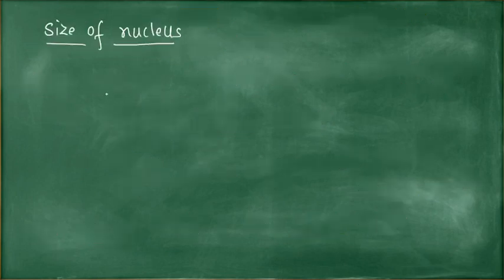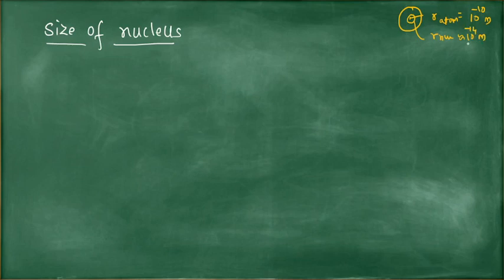Size of nucleus. So we have measured mass of nucleus, that is mass of nucleons. Now what is the size of nucleus? You know the order of magnitude of radius of atom is 10 raised to minus 10 meter, and radius of nucleus is almost 10 raised to minus 14 meter to 10 raised to minus 15 meter.